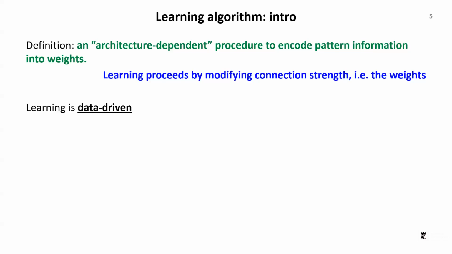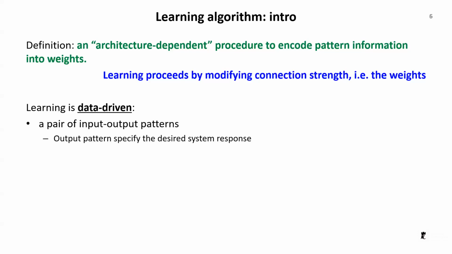And learning is data driven, right? Of course, you need to give the input, the training data, and like the example I keep mentioning, we need a pair of the input and the output. It does not work if you only have the input.